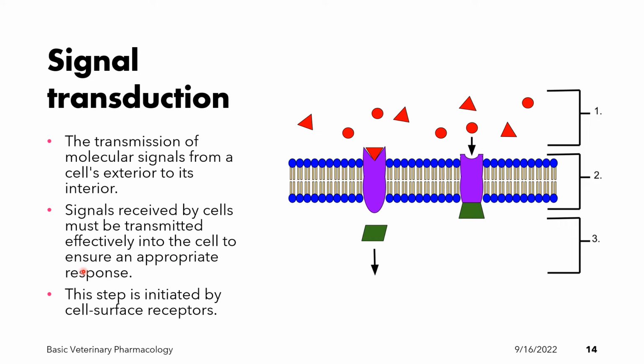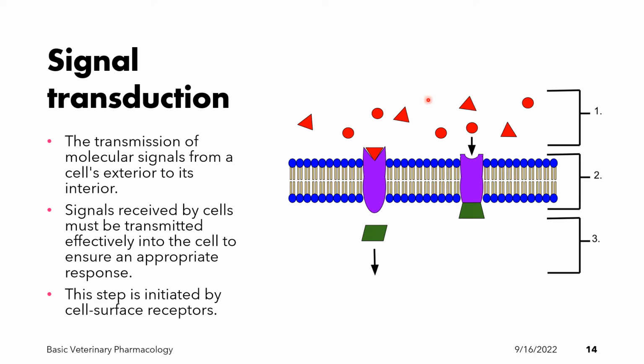So for example, for a drug or particular ligand to produce a biological effect, the signal produced from the binding of the ligand to its receptor must be transduced, or amplified, in order for the cell to respond effectively. Again, this step is initiated by the cell surface receptors.